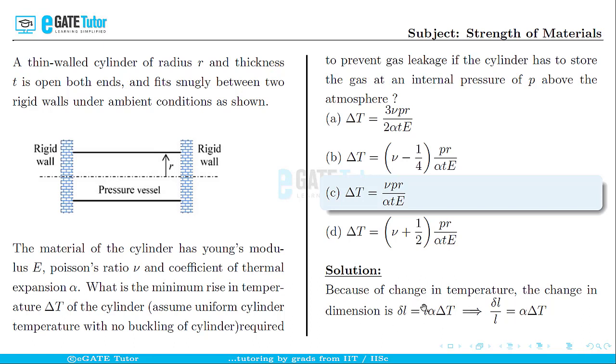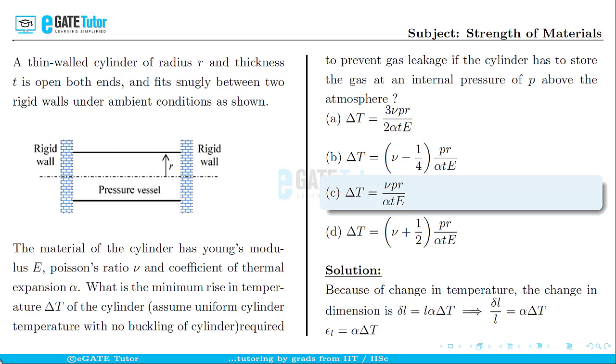Bringing the length to the left hand side, it becomes delta L by L is equal to alpha delta T. This delta L by L is the strain in the length direction, obtained because of the temperature change. That is why it is called a thermal strain, epsilon L is equal to alpha delta T.